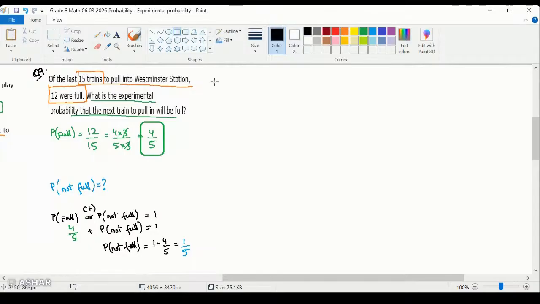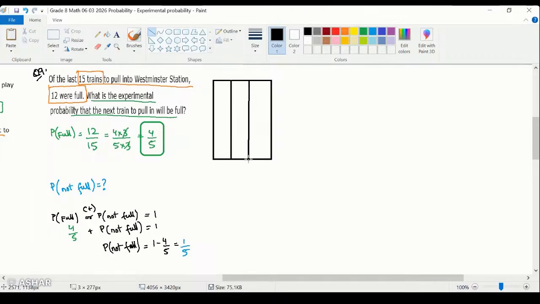Okay, I'll just try to explain this through some boxes. Let's suppose we had these boxes, let me just make this. That would be 3 columns: 1 column, 2 columns, and 3 columns. I'm trying to explain the probability through this diagram.